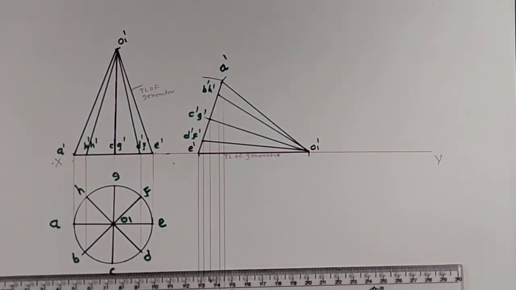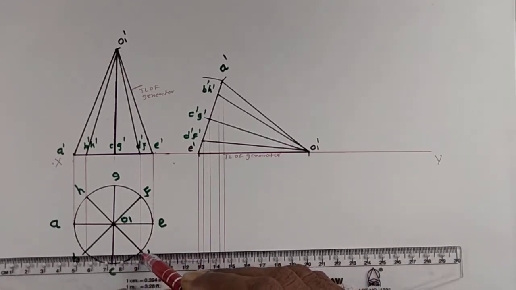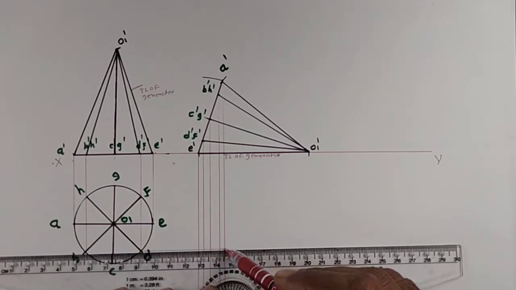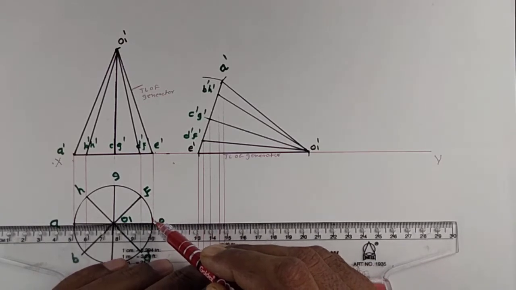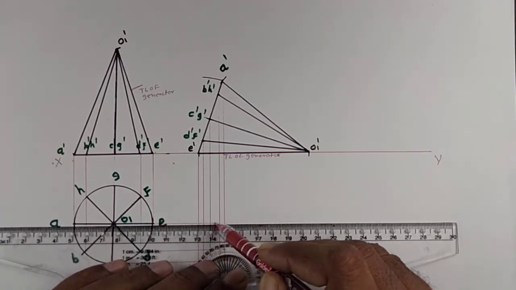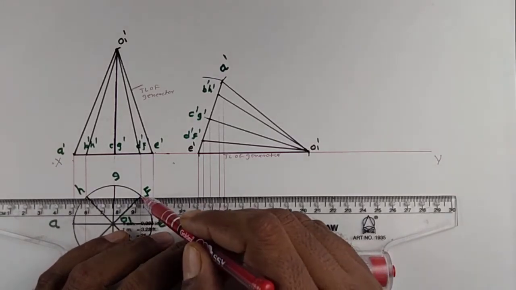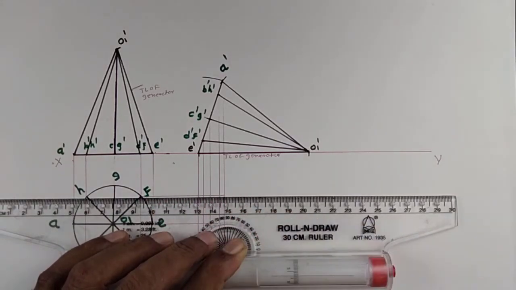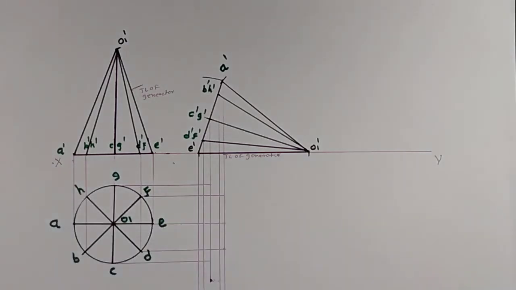Similarly, you can take the horizontal projections from the previous plan. So this is your C, this is B and D, this is A and E, this is H and F, this is G.